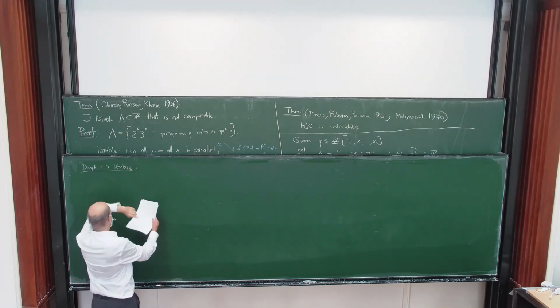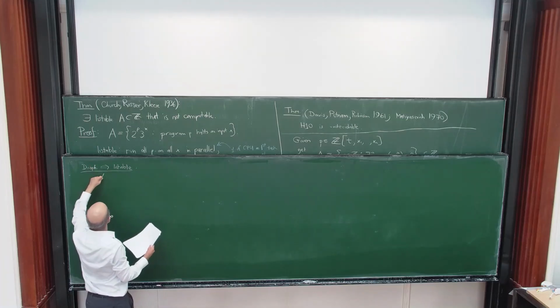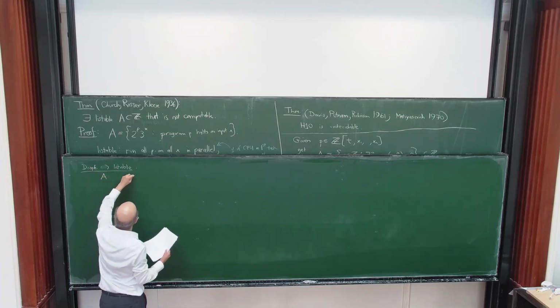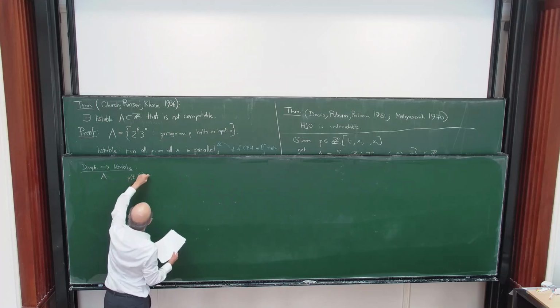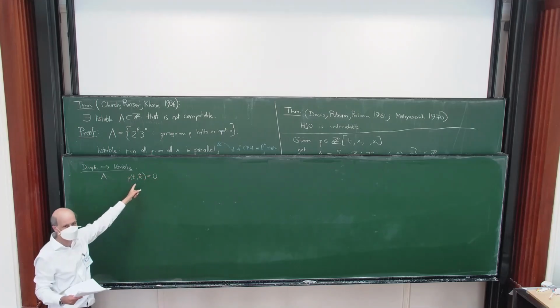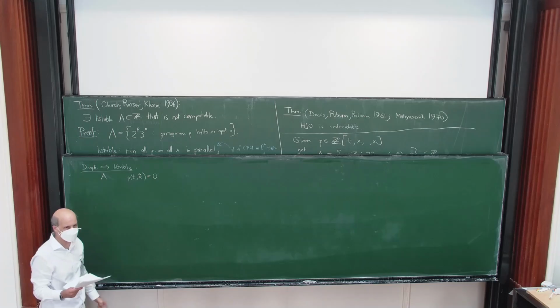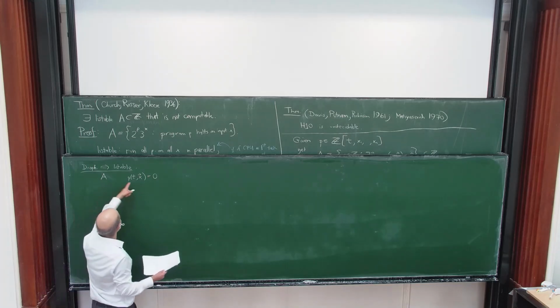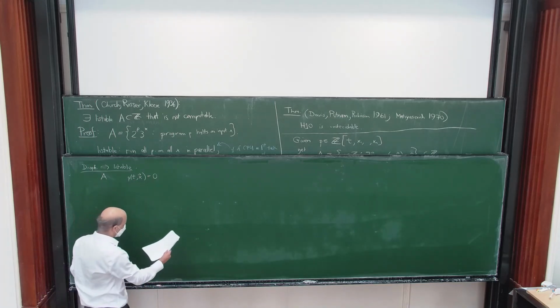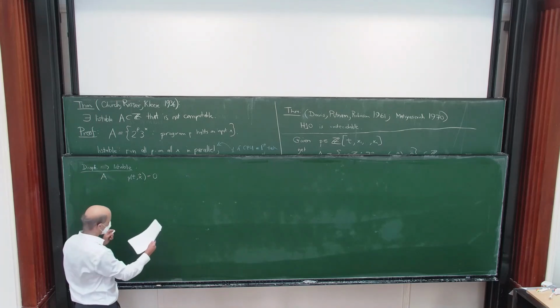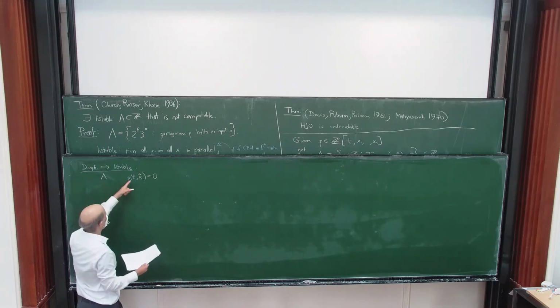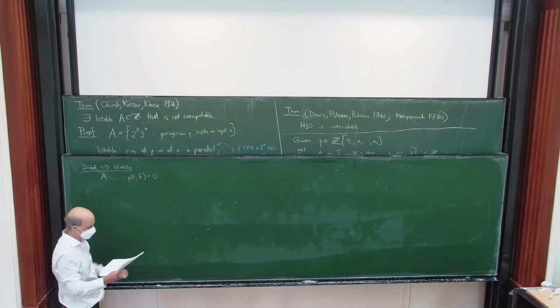Well, Diophantine means you have a set A and you have this polynomial P(a, x), and we're looking at this one parameter family, and A is the set of parameter values for which there's a solution. So how do you list those good parameter values?